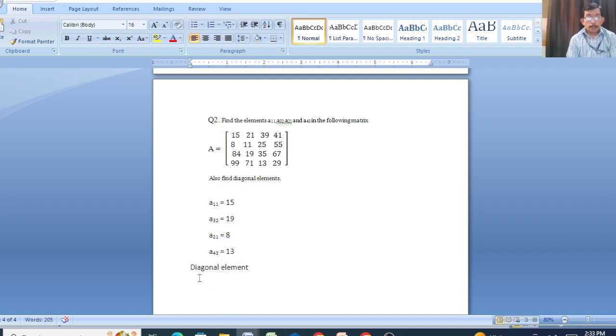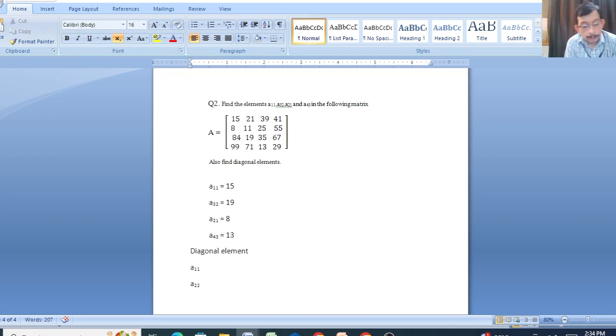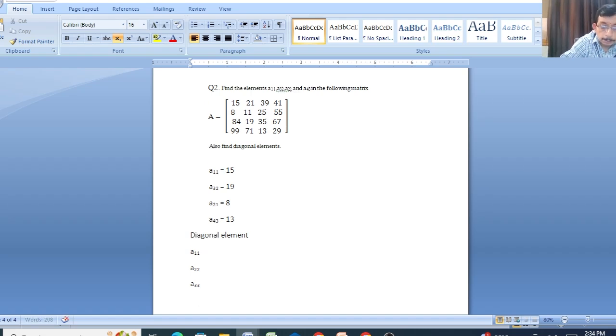The diagonal elements are: first is A11, first row, first column. Second is A22, second row, second column. Next is A33, third row, third column. And the last one is A44. These are the diagonal elements in the 4x4 order matrix A.